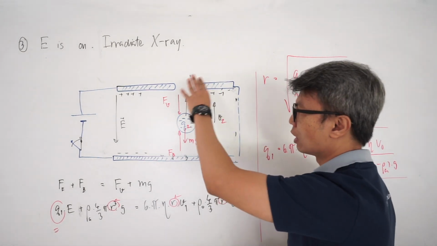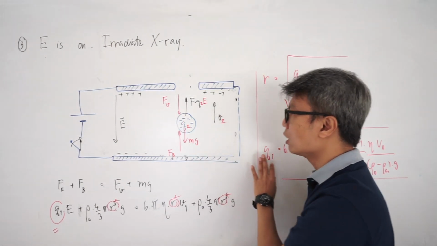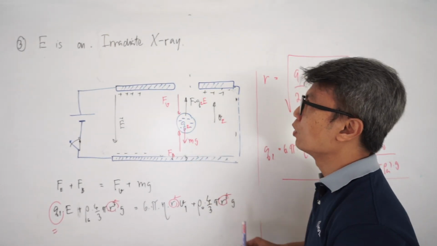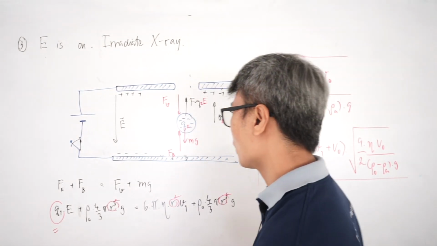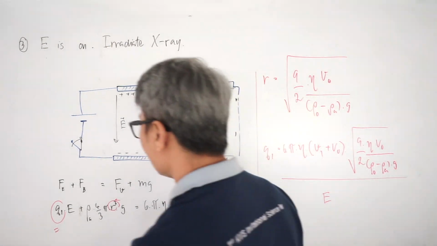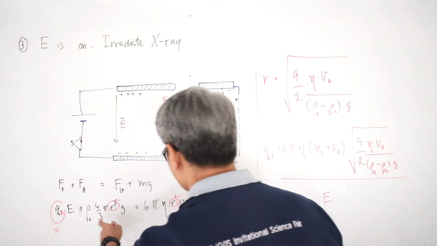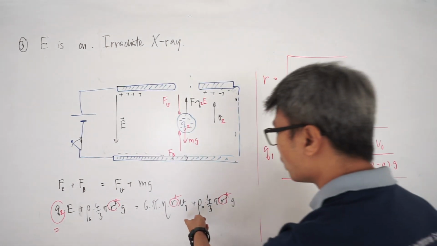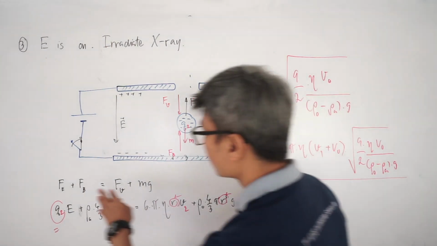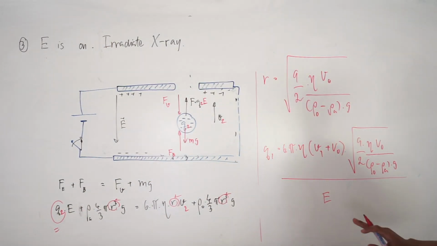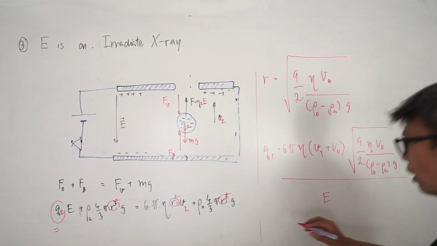If you look at the free body diagram, it is quite similar to the free body diagram from the second step. You just change the value from Q1 into Q2, and the rising speed from V1 into V2 as well.